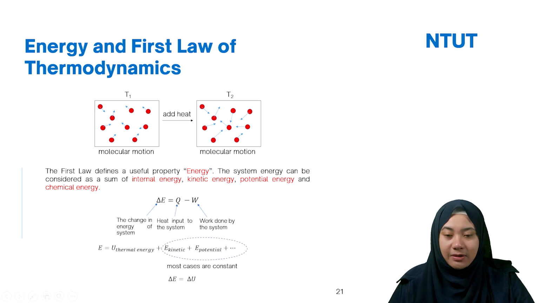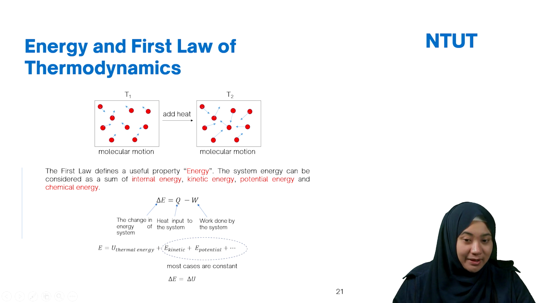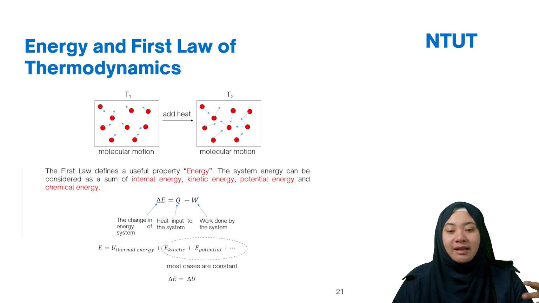The first law is about energy. The system can be considered as a sum of internal energy, kinetic energy, and potential energy. Energy cannot be destroyed, but it can be transformed from one form into another. This is the first law of thermodynamics.